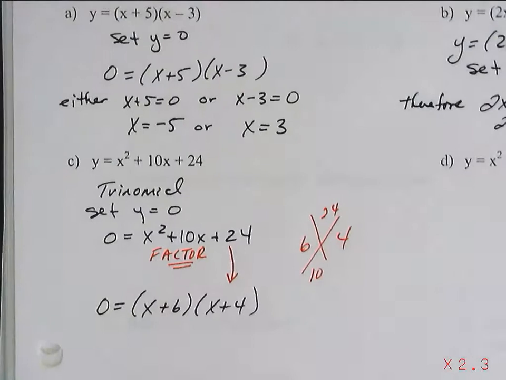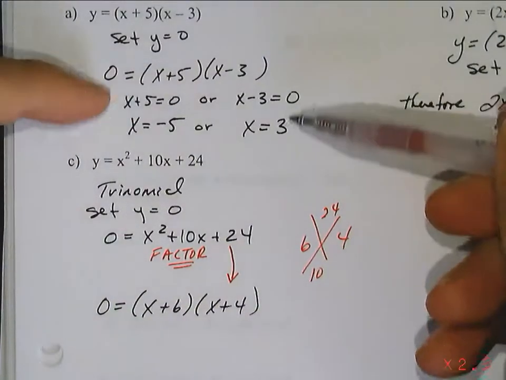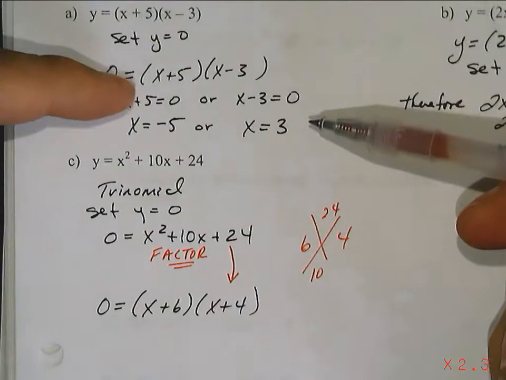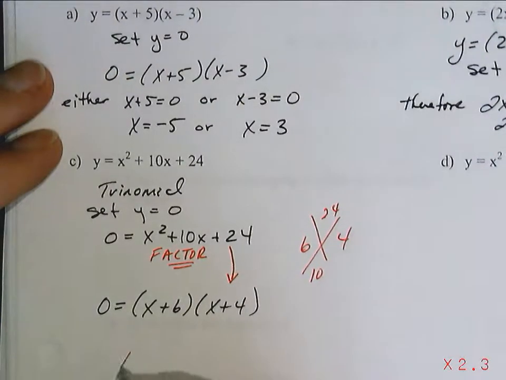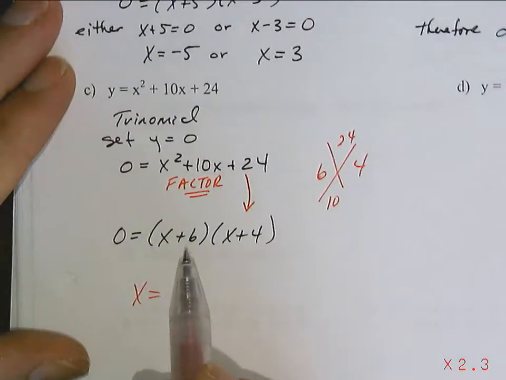This I can solve because it's two things multiplying to give 0. One of them is x plus 6, one of them is x plus 4. Now, did you see all this work I went through to get the answers? I bet you can do it simpler. Can you tell me what x equals? Just by looking at it? X equals, yeah?